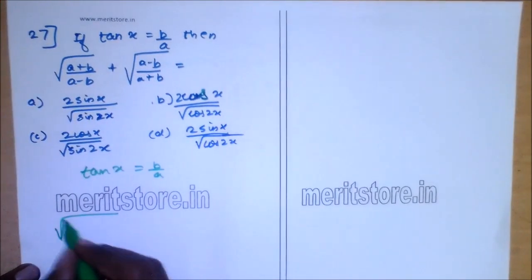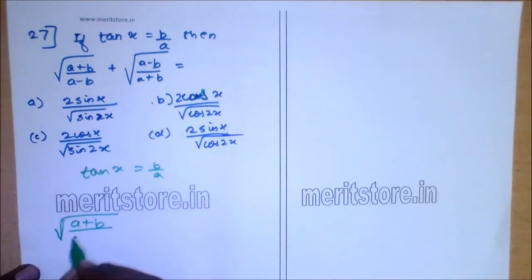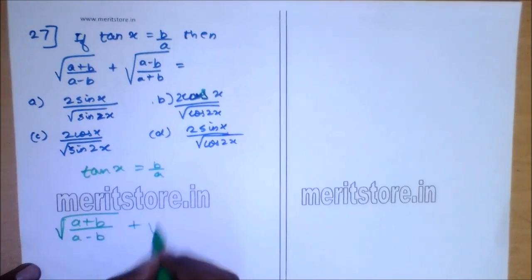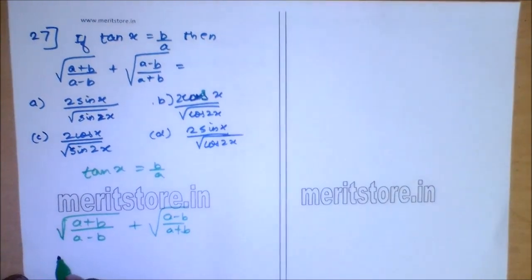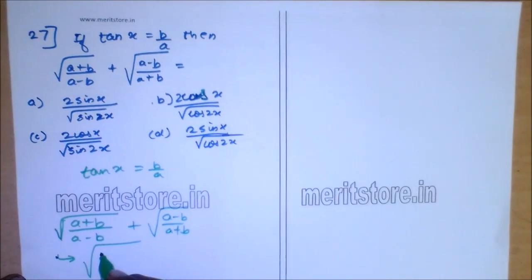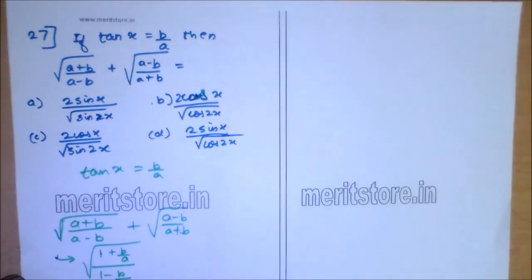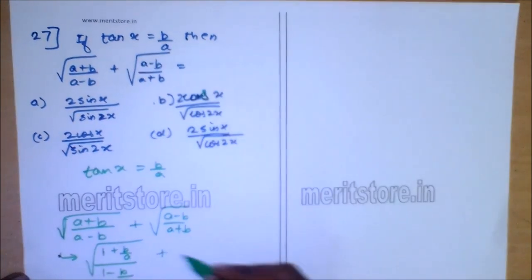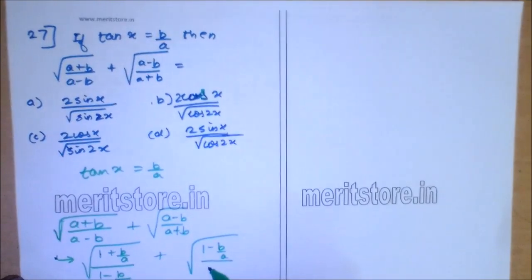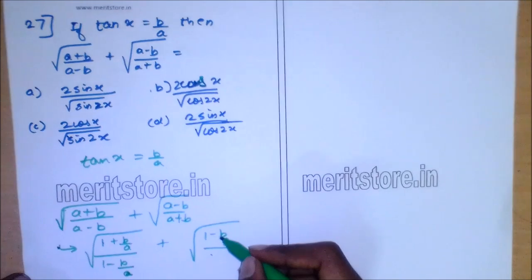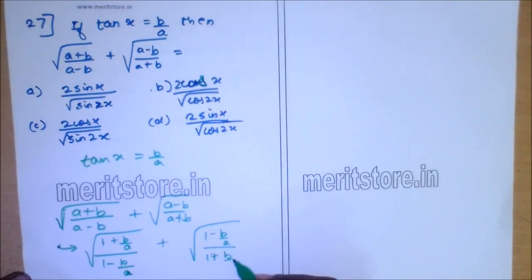So we first simplify this form, root of (a minus b) upon (a plus b). So we divide throughout by a. So we get root of (1 plus b by a) upon (1 minus b by a) plus root of (1 minus b by a) upon (1 plus b by a).